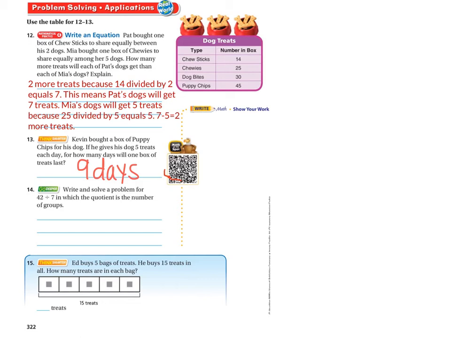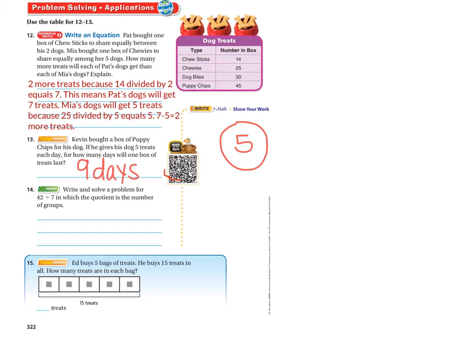So we want to make groups of 5 and then count how many groups there are. Remember, when we're making groups of 5, we should stop at 45. So let's do that together. Here's one group of 5. Remember, that is 1 day. So that these groups represent 1 day that Kevin is feeding his dog the puppy chips.